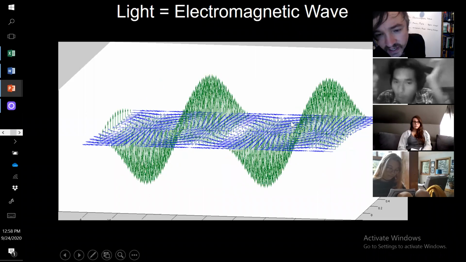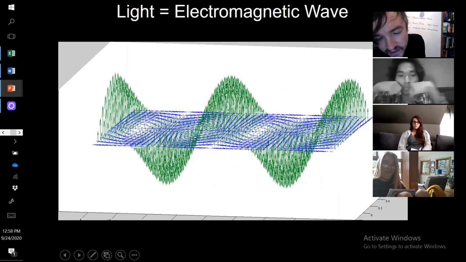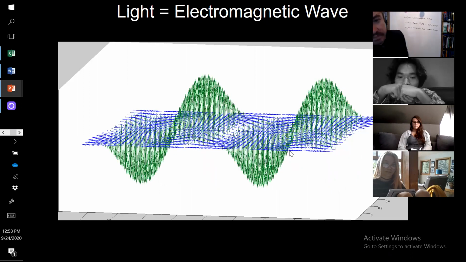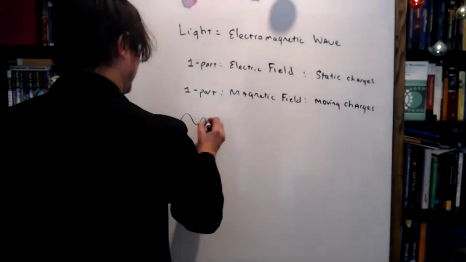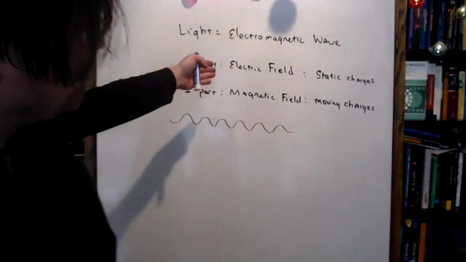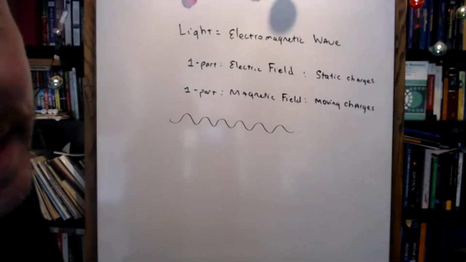This is a more sophisticated picture of light. These fields are actually an example of something called a vector field. But vector fields are over your pay grade. You're not ready for that yet. Usually when I draw light, I'll just draw it like this, some kind of a wave, and we assume that I'm referring to maybe the electric field, and the magnetic field is hidden in there somewhere.